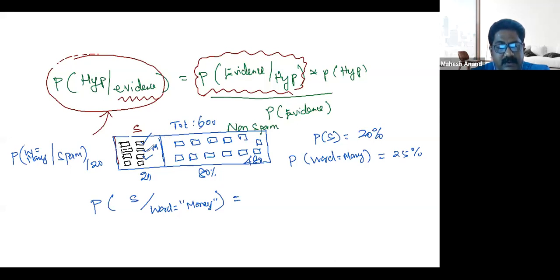Some emails are related to purchase, this lottery money, buy. So it is already proven that it is in the spam folder. The event has already happened: spam. That is the hypothesis. What is the evidence? The evidence is whichever email contains the word money, and that is measurable. That is found to be 90%, assume.